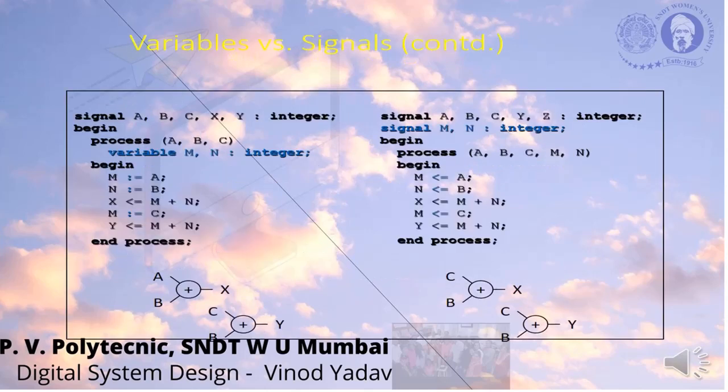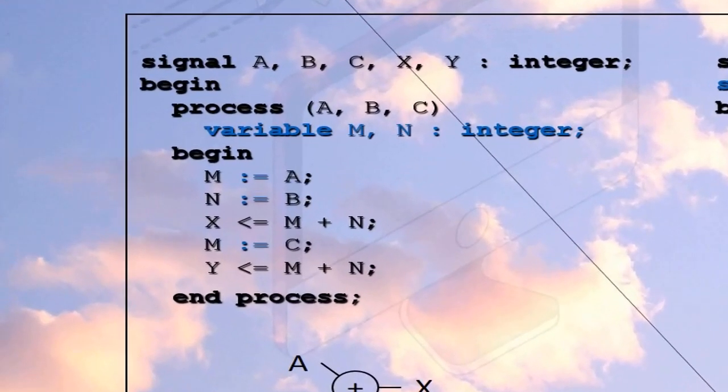Okay. Now, for understanding variables and signals in a proper way, let us see this. Signals A, B, C, X, Y are integers in the first case. Now we'll begin the process, which is triggered under the condition A, B, and C. Here the variables M and N are integers. As I told you, variables will be given a value immediately, whereas signals will get the value after the execution of a process.